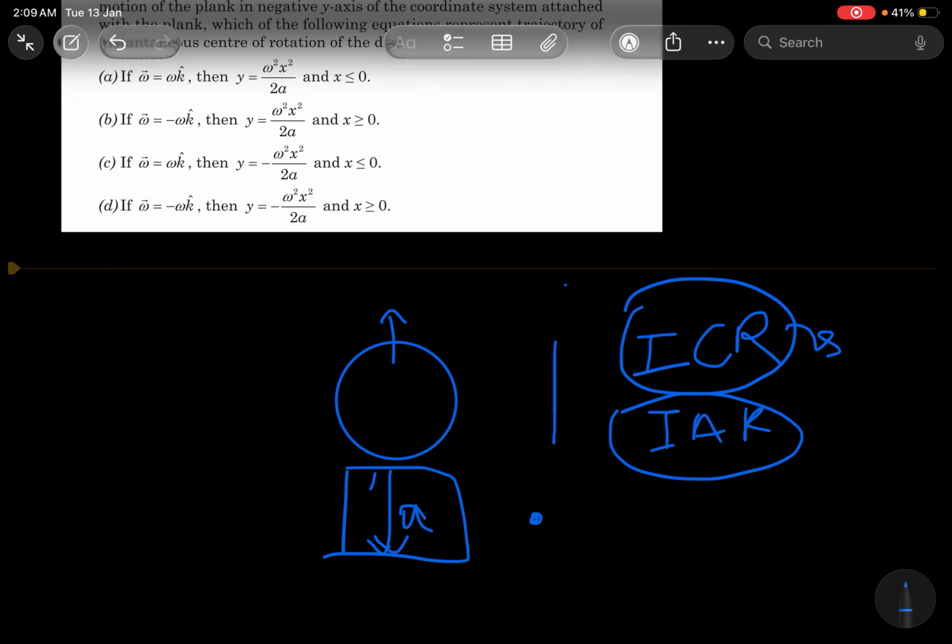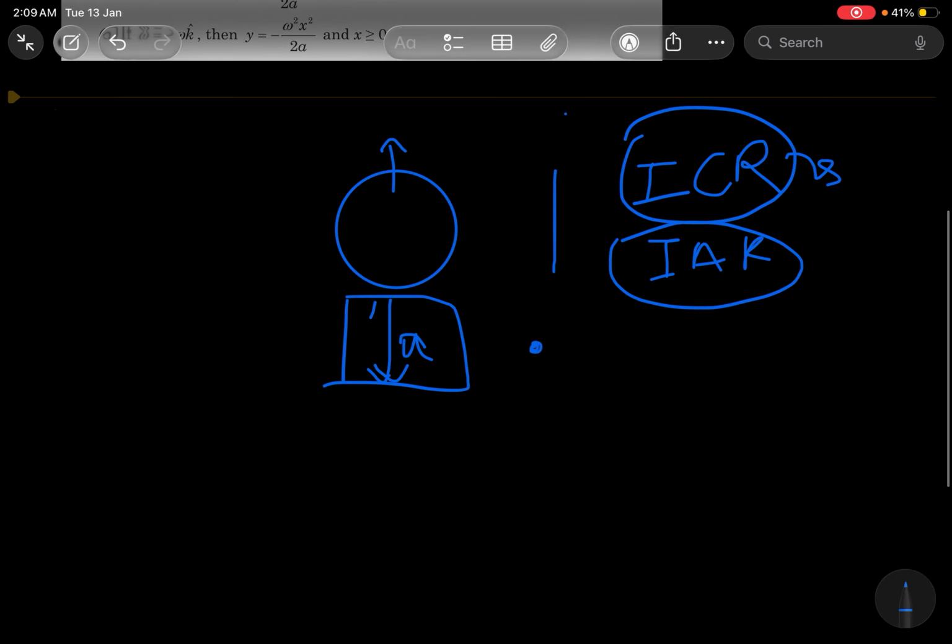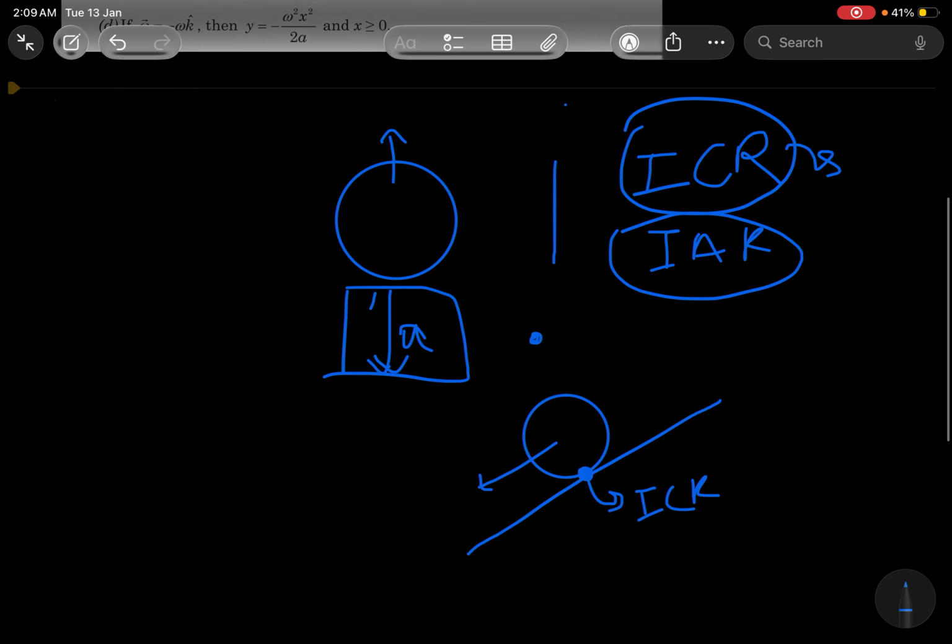relative to this point, the motion that an object is performing is just a plane rotational motion. So for understanding, if you have this inclined plane and a disk rolling down, then this point is your ICR, which is the instantaneous center of rotation.